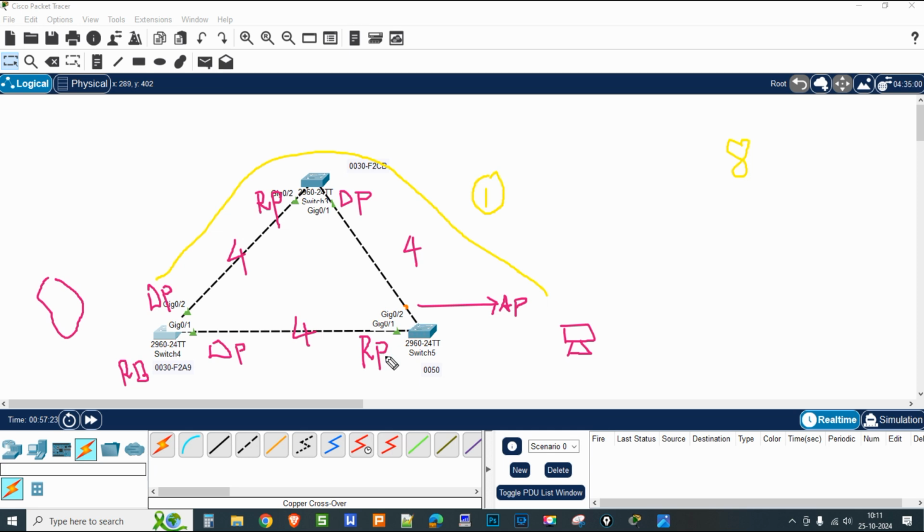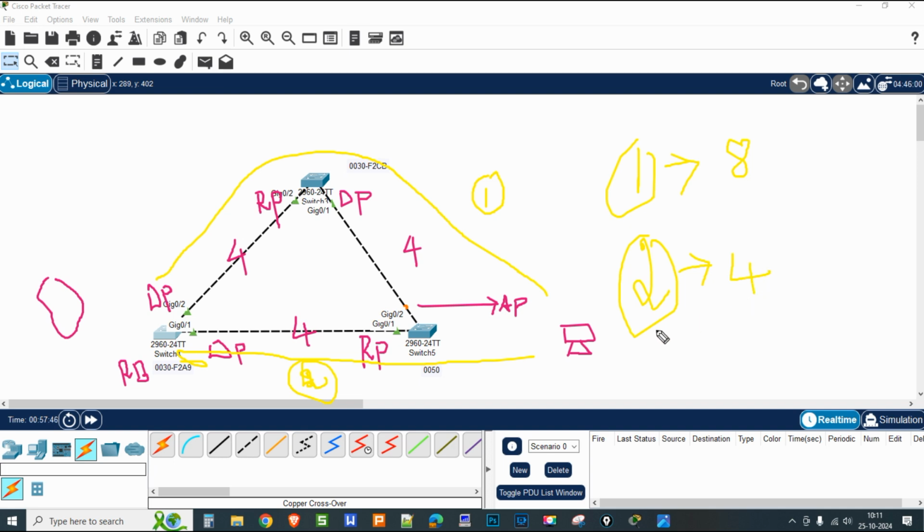Second one is the switch directly sending to the root bridge via this path. This is the second path. The cost of the second path is 4. Which one has the lowest cost?